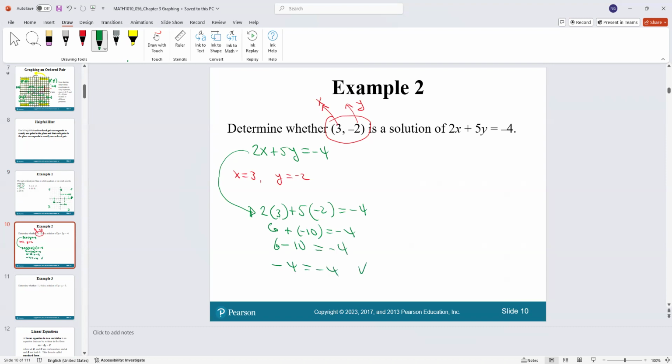So I can conclude, yes, the ordered pair (3, -2) is a solution to 2x plus 5y equals negative 4. If we substitute for x and y and the left side was not equal to the right side, we would have concluded that it is not a solution.